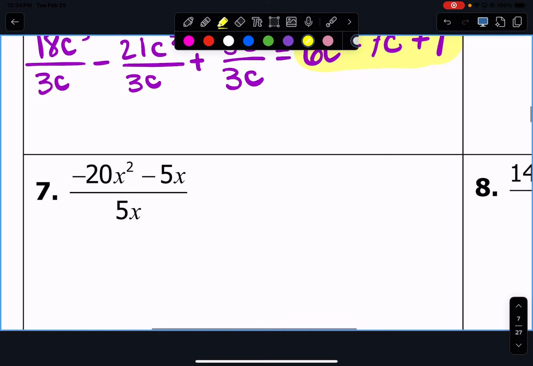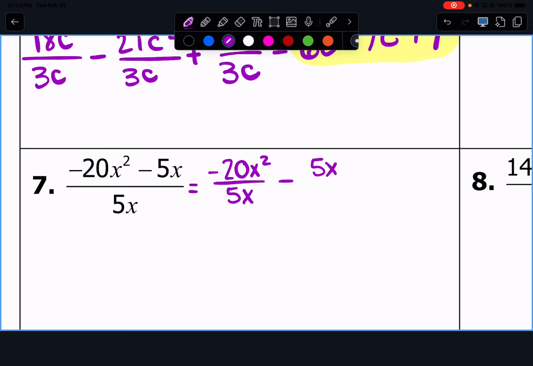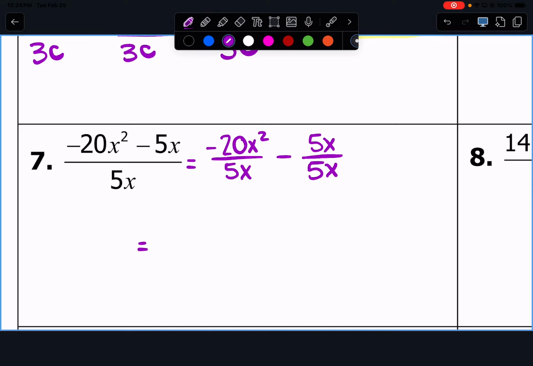I want y'all to do number 7 on your own too. Negative 4x minus 1 is indeed our answer.